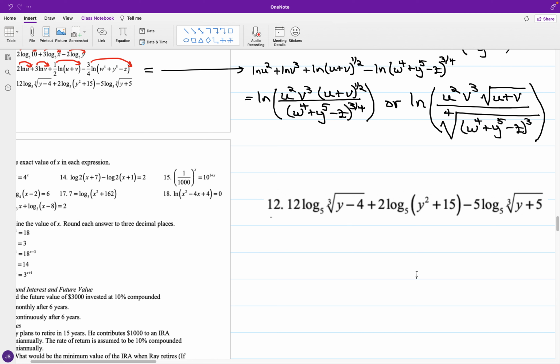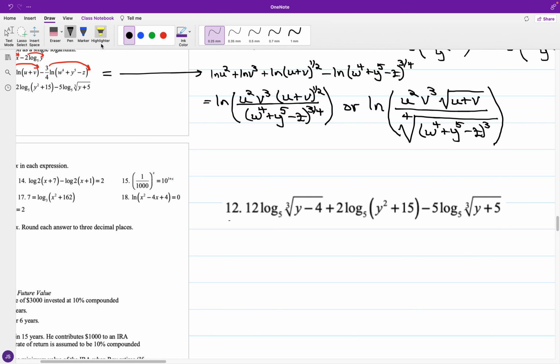So in the case of number 12, we've got radicals in the attachment, and what we can do is go ahead and write what we have in the cubic roots along the lines of non-integer powers. So we got 12 times the base 5 logarithm for the cubic root of y minus 4.